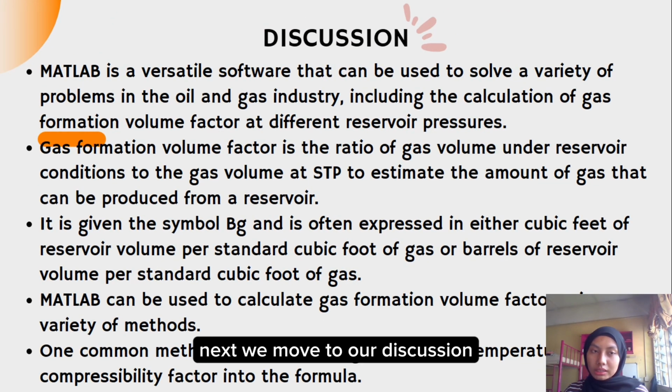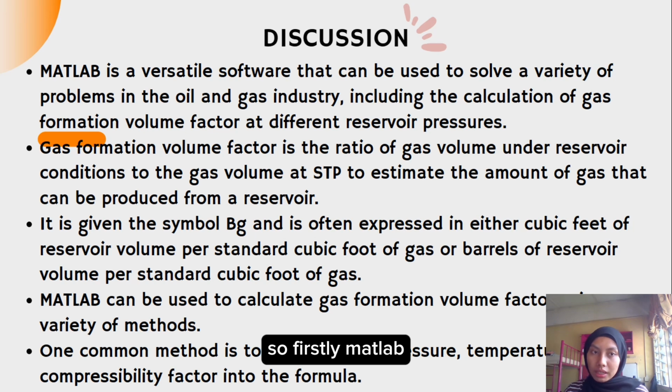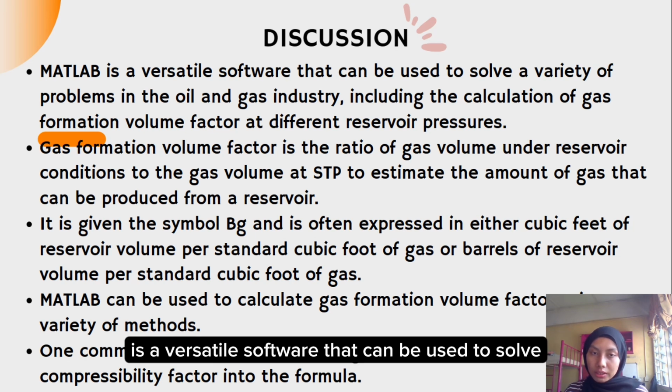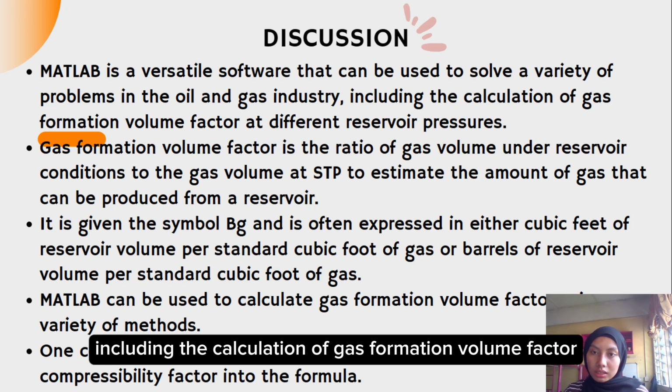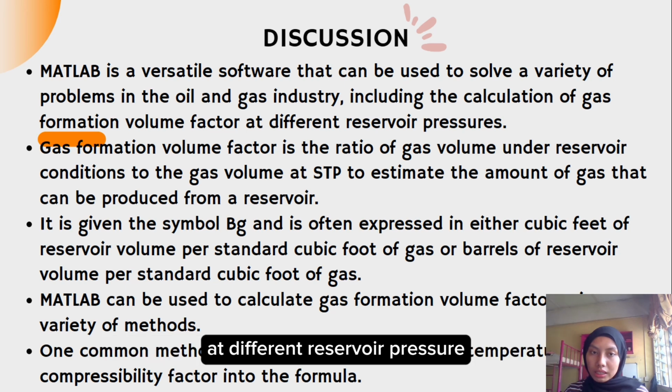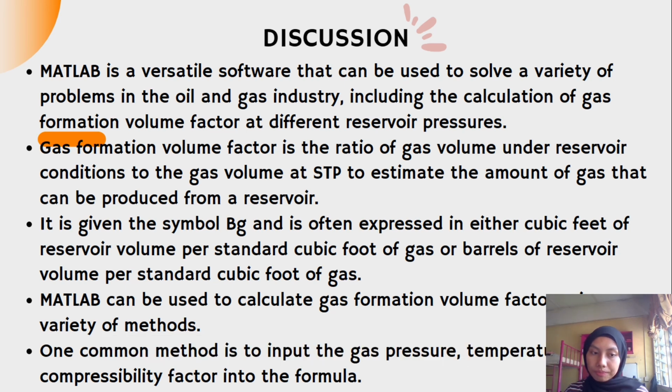Next, we move to our discussion. So firstly, MATLAB is a versatile software that can be used to solve a variety of problems in the oil and gas industry, including the calculation of gas formation volume factor at different reservoir pressures.